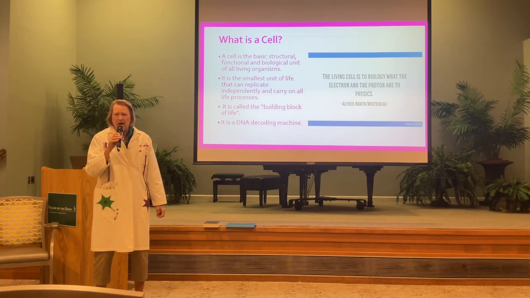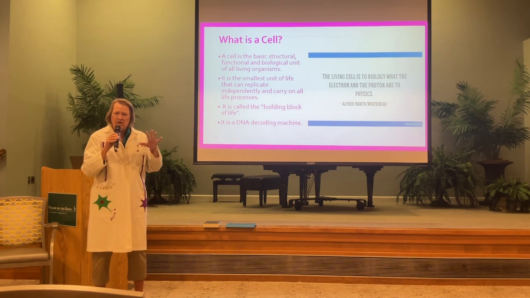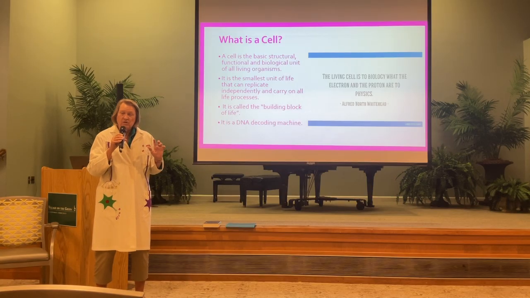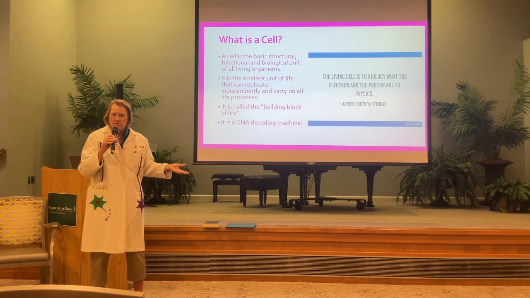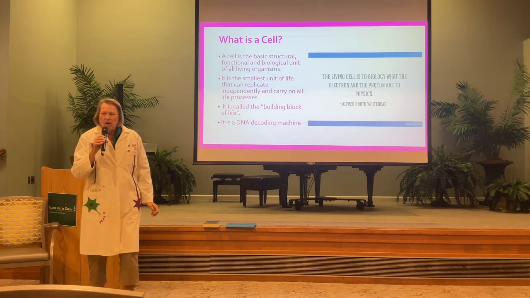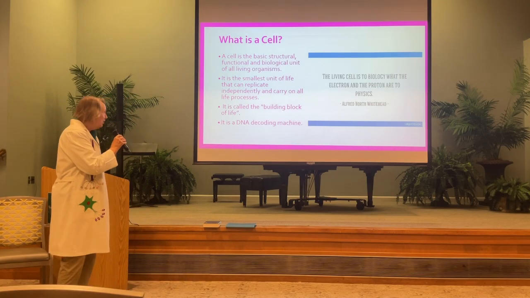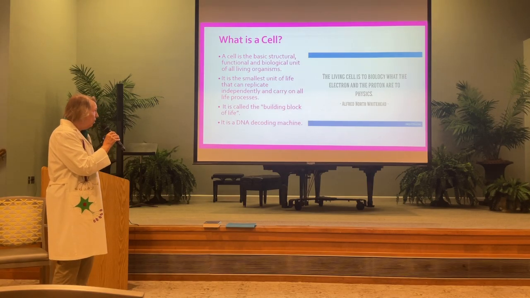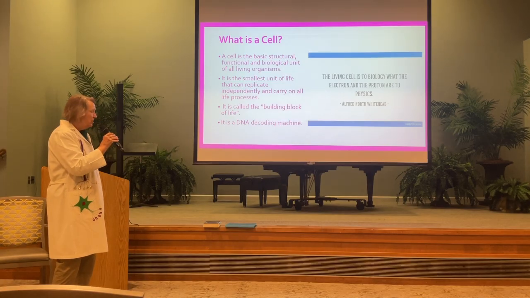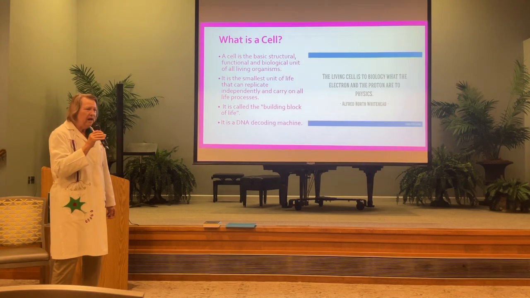Viruses don't qualify with all the characteristics that cells have. For example, they can't reproduce themselves. They have to infect a cell to reproduce. But all other things are cellular in life. It's the smallest unit that can replicate independently and carry on all of the life processes. It's been called the building block of life.